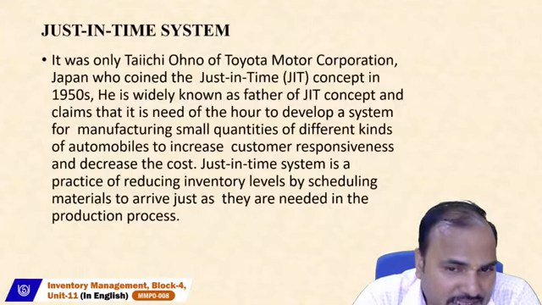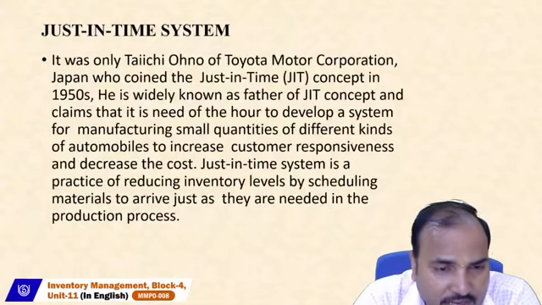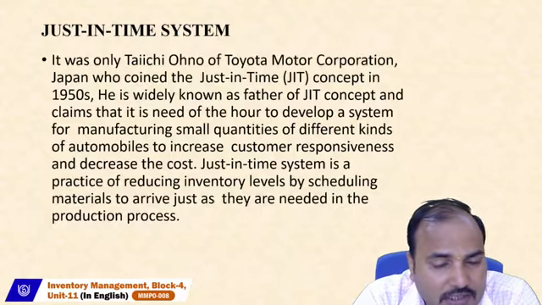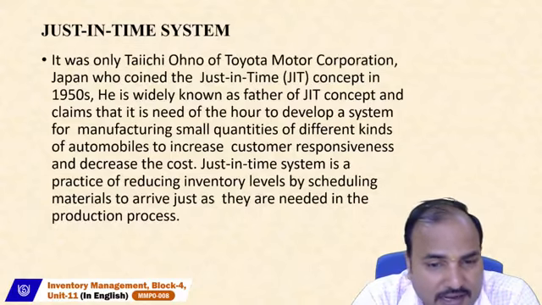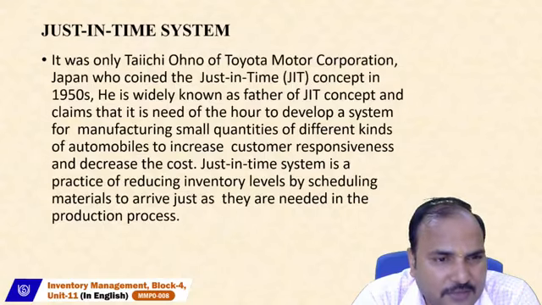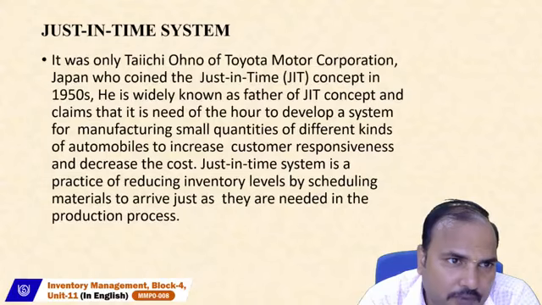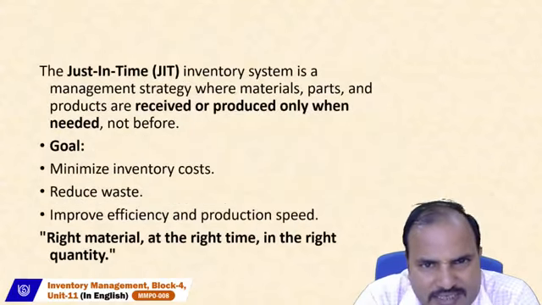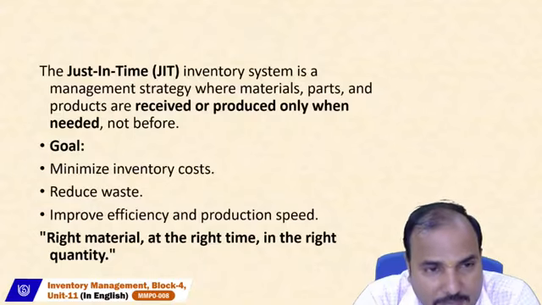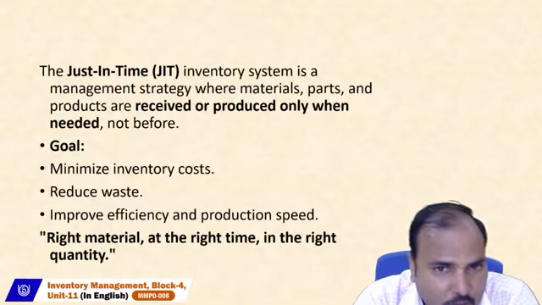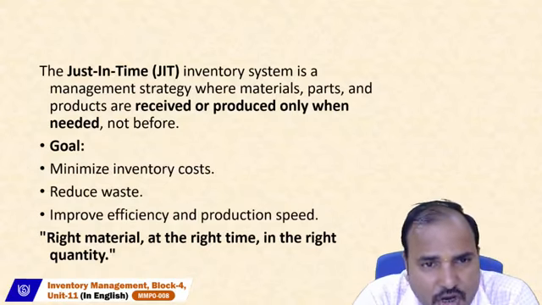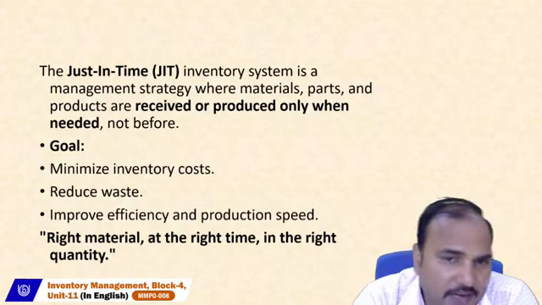So the just-in-time system is a practice of reducing inventory levels by scheduling materials to arrive just as they are needed in the production process. It is a management strategy where materials, parts, and products are received or produced only when needed.